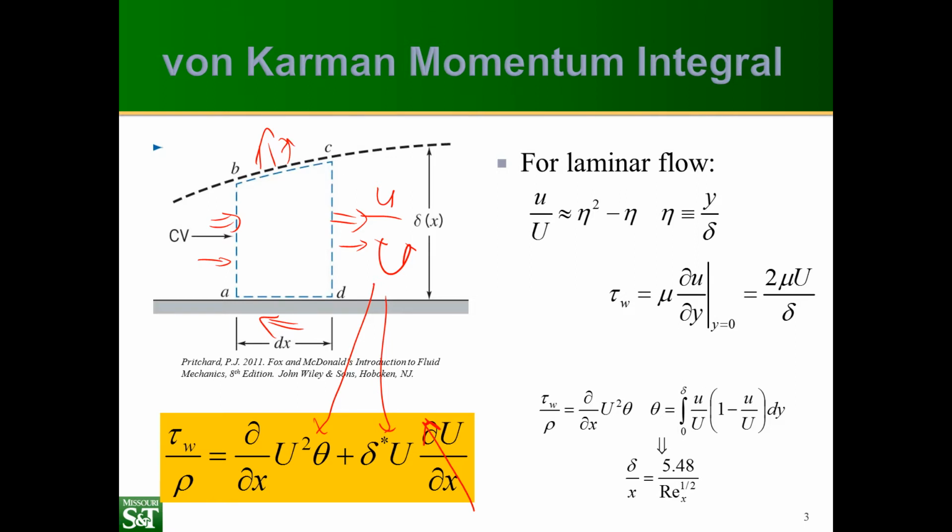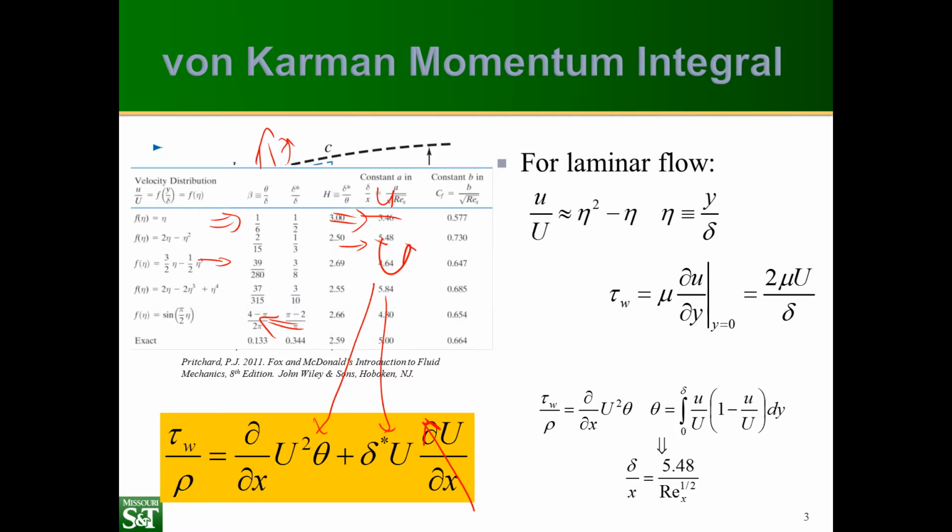And we can solve the equation for delta over x to come up with our model for boundary layer thickness. Now, we can note that this gives about 10% error compared to the Blasius equation. And the reason that this gives us a little bit of error is because our velocity profile was pretty simple. However, we can use other velocity profiles to give us better approximations for the boundary layer behavior.